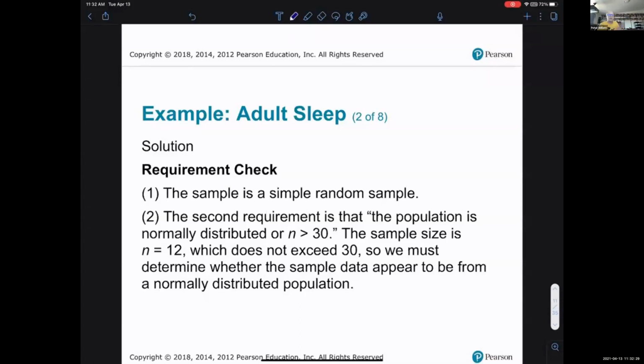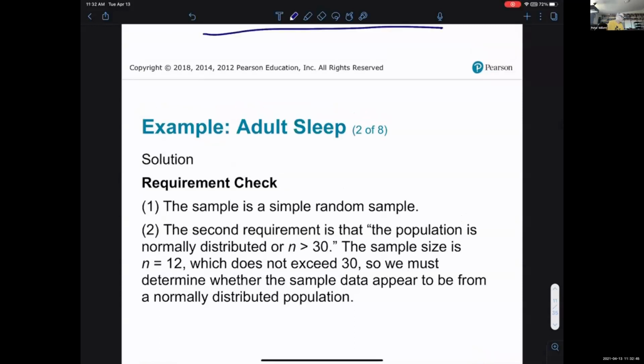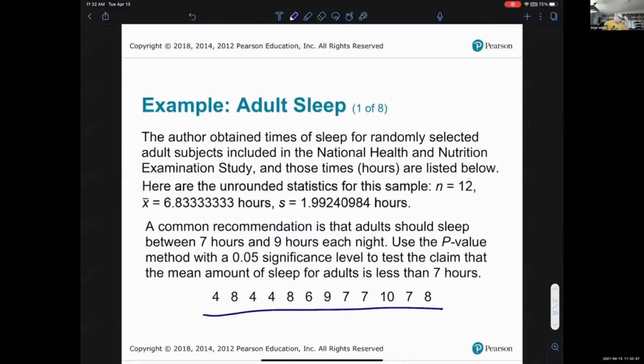You need to have a sample size greater than 30, or you have to have some belief that the sample was drawn from a normally distributed population. So why would I have that belief? Well, they could just say that in the problem, such as, assume sleep values are normally distributed in the population. But it didn't say that here. Then they could also just give you more than 30 data values, but they didn't. They only gave us 12.